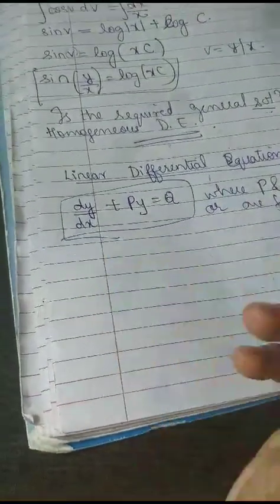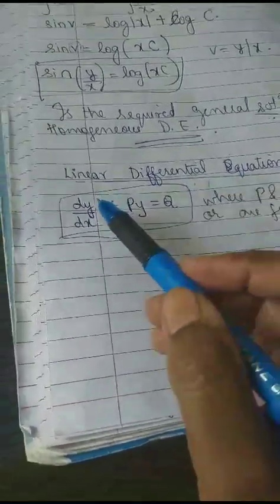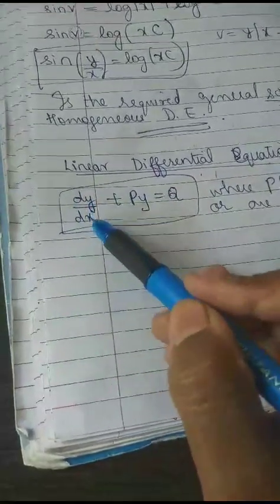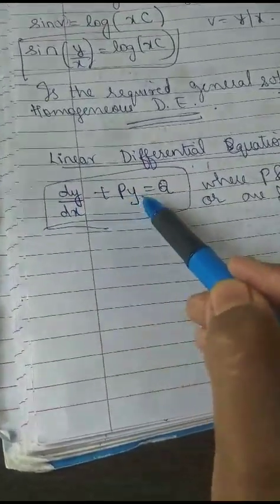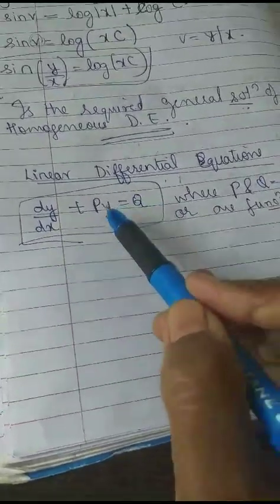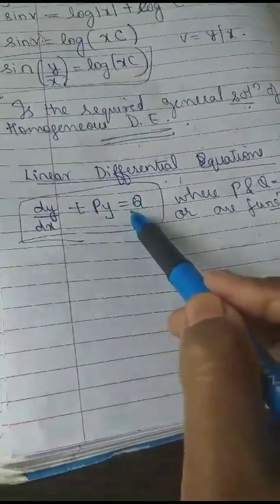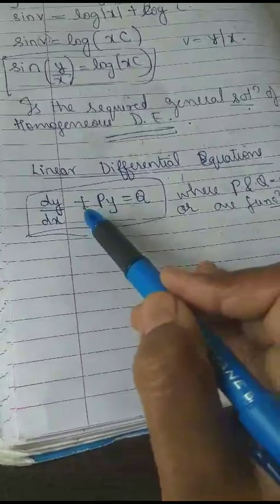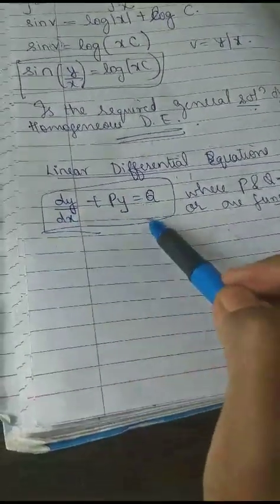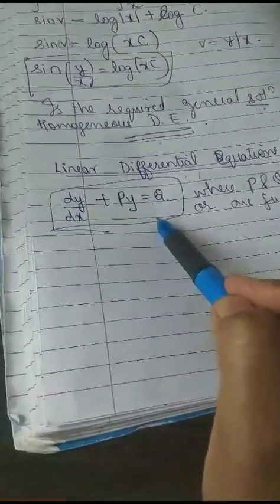I repeat, any differential equation which is of the form dy by dx plus p into y is equal to q, where p and q are constants or are functions of x only, is called a linear differential equation.